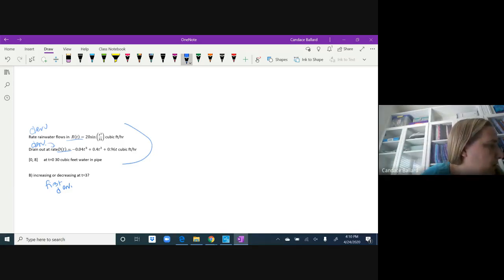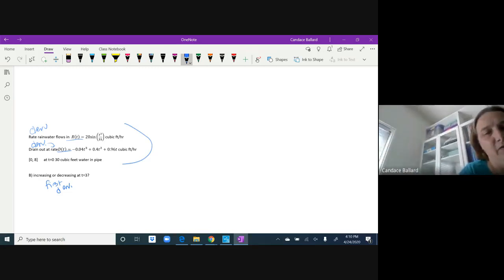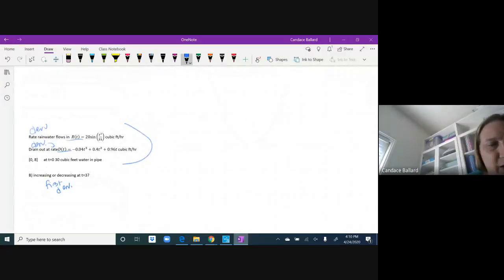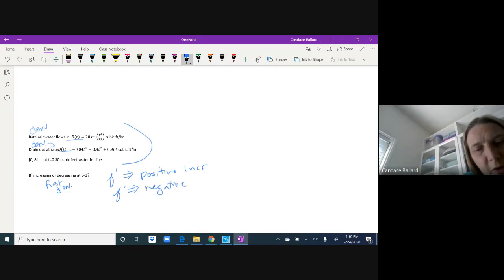And we know that if f prime is positive, it's increasing. If f prime is negative, it is decreasing.